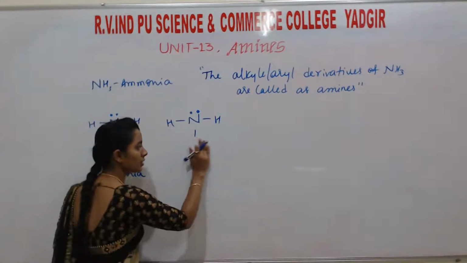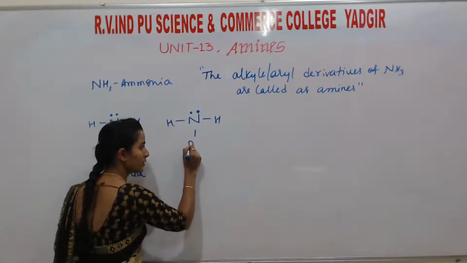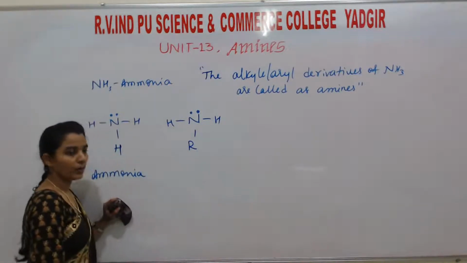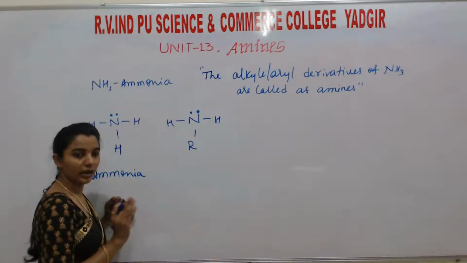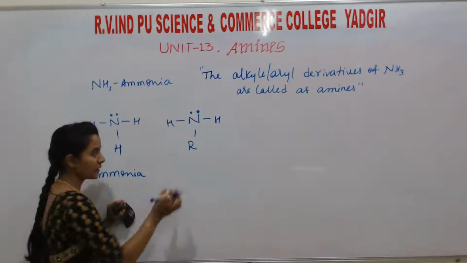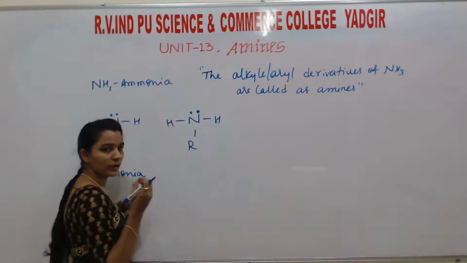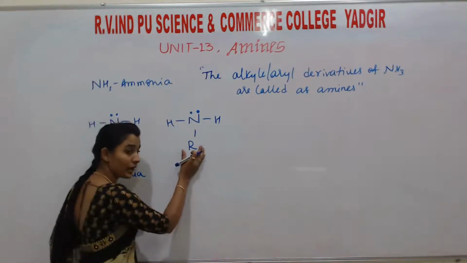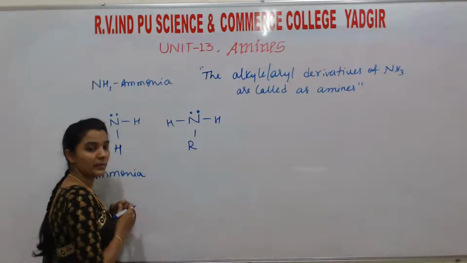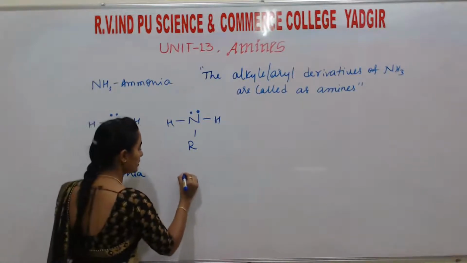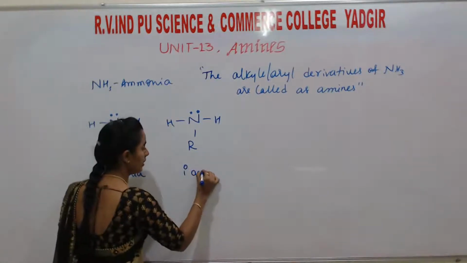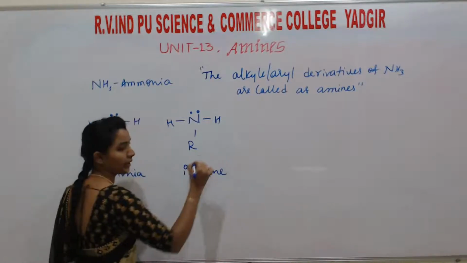If one hydrogen atom is replaced by any R group, R may be alkyl or aryl, it may be CH3, C2H5, C3H7, whatever it may be, alkyl or aryl group meaning benzene, then this is a primary amine.